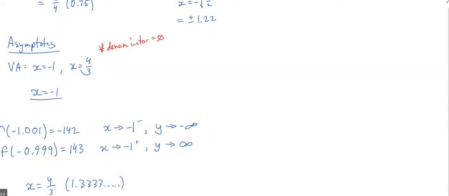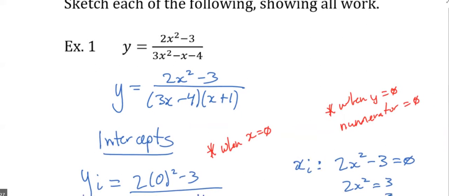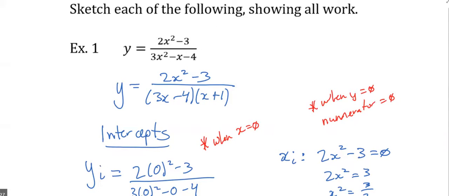The last thing we need is the horizontal asymptotes, and then we're ready to sketch. We haven't even done the horizontal asymptote yet. What is the horizontal asymptote? A couple people think they know. Anybody else? Isaac? 2/3.